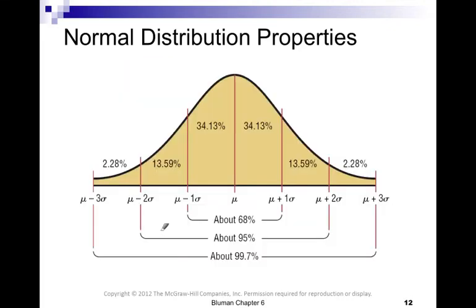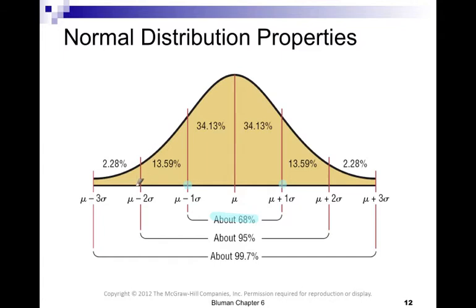So if we go through here and look, you can see that from here to here, that's 1 standard deviation away from the mean. 68% of our data falls, and that makes sense because that's the peak. So within 1 standard deviation, we get over half of our data accounted for.